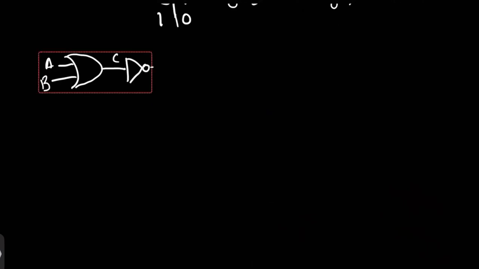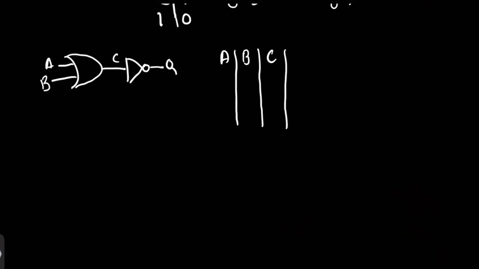Now we're going to do combinational circuits. So here I have an OR gate, and it has an input A and an input B. And that gets passed to a NOT gate with an output Q. So we make a truth table, same thing as we've done before, but this time we're going to put C in it and we're going to put Q. Okay, so what should I put for A?